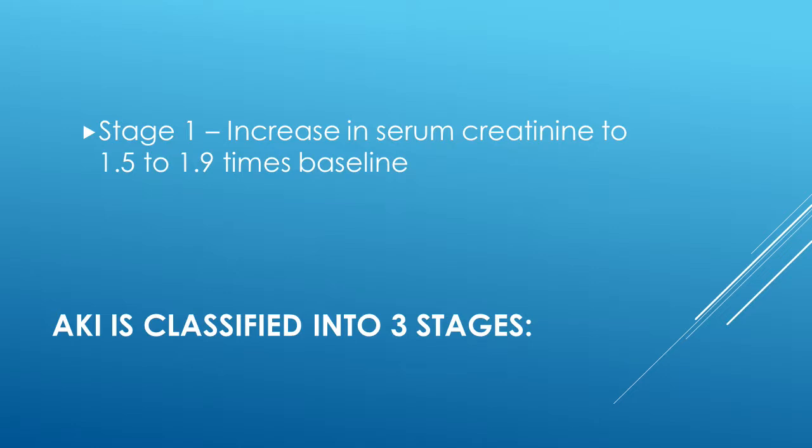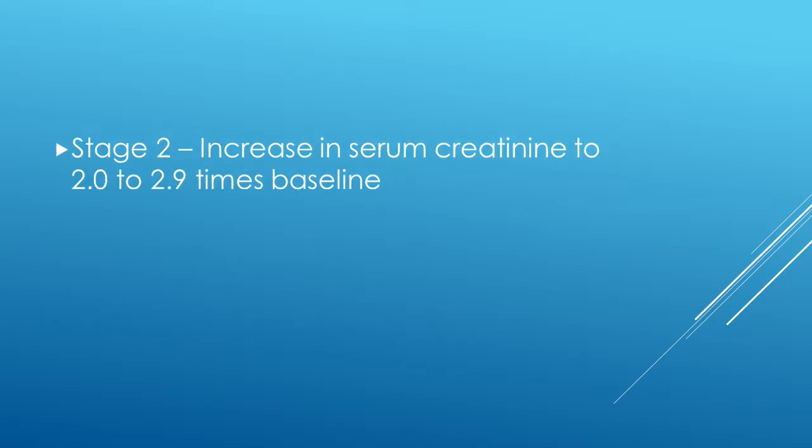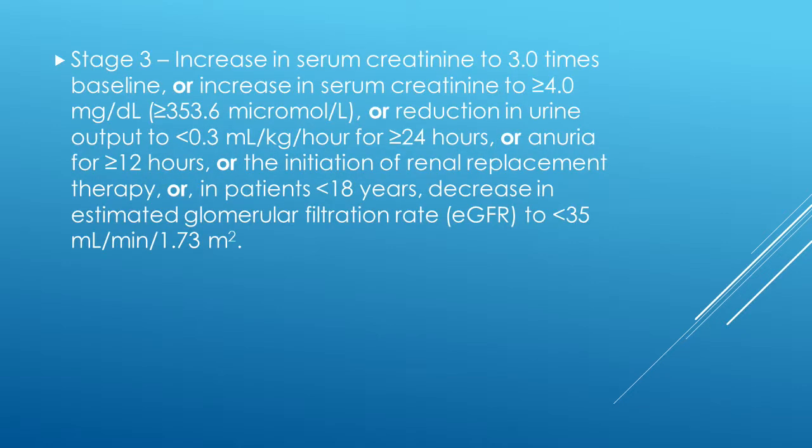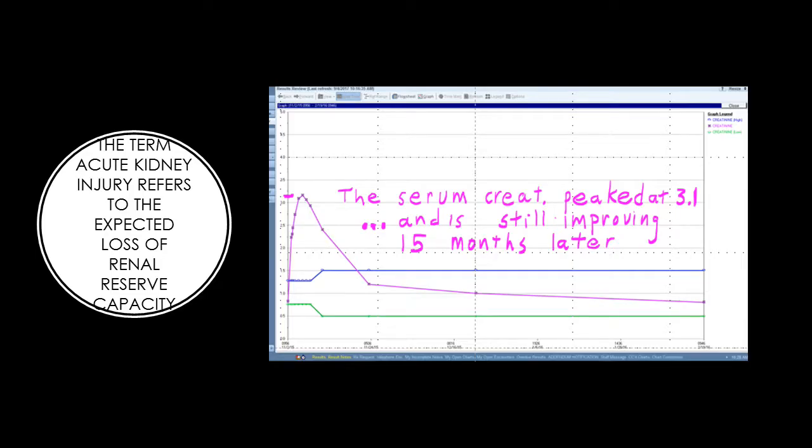So if he goes up to 1.5, he's stage 1. If he goes up to 1.6, then it would be doubling, and that would be stage 2. And if he goes up to 3 times baseline, that's stage 3. And then they have some other ways of defining stage 3. Anybody who requires dialysis, for example, is automatically a stage 3.